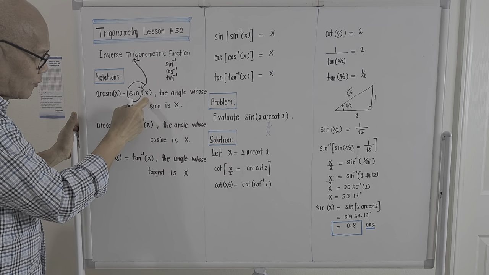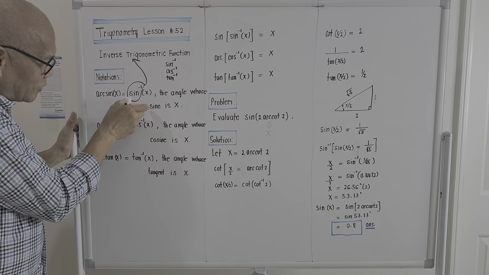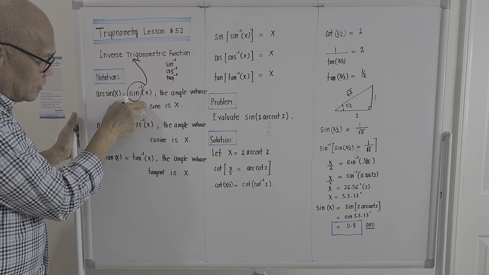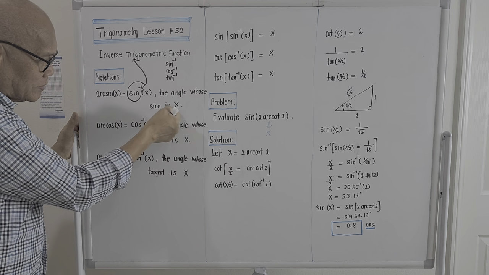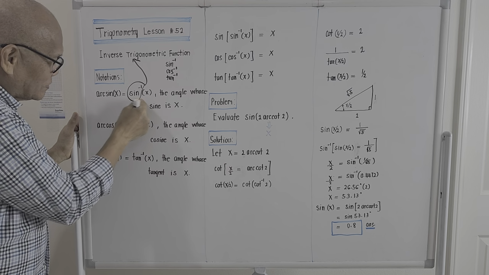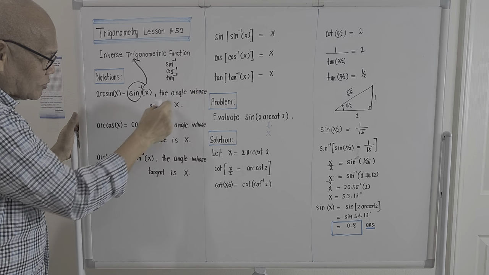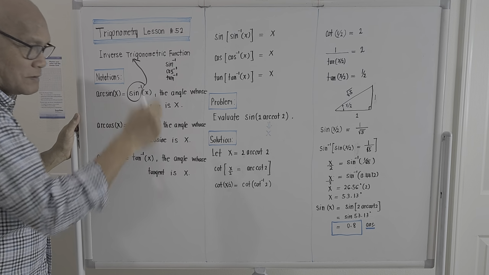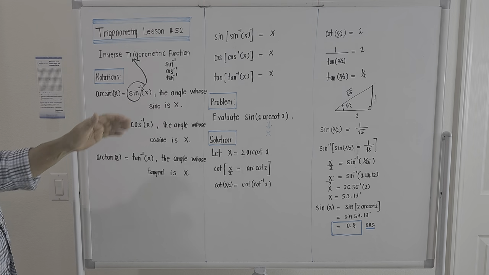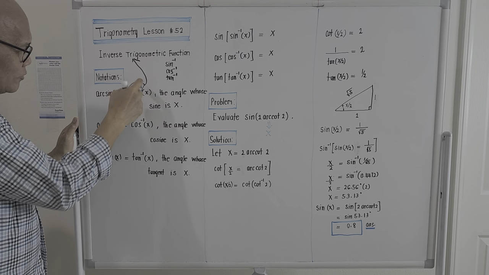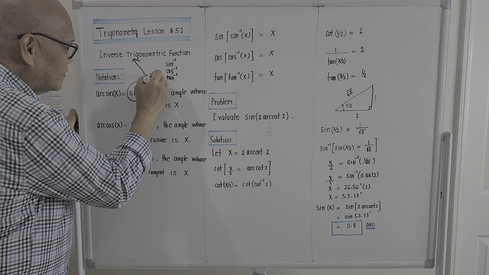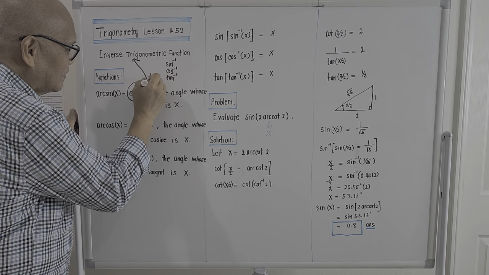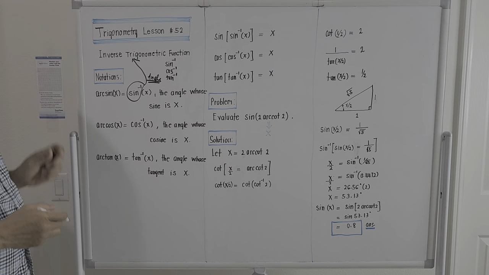If we try to read this, it is the angle whose sine value is x. So actually, sine to the -1 of x is an angle.